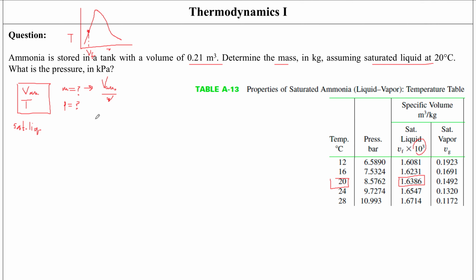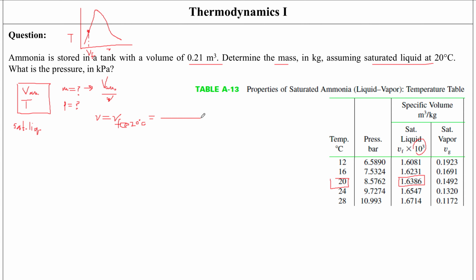So your specific volume is going to be equal to the saturated liquid specific volume at 20 degrees Celsius, and that is equal to 1.6386 into 10 to the power minus 3 meter cube per kilogram.